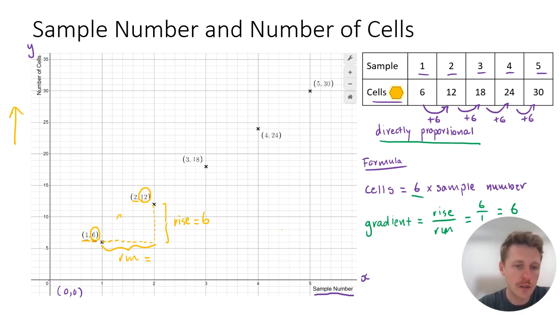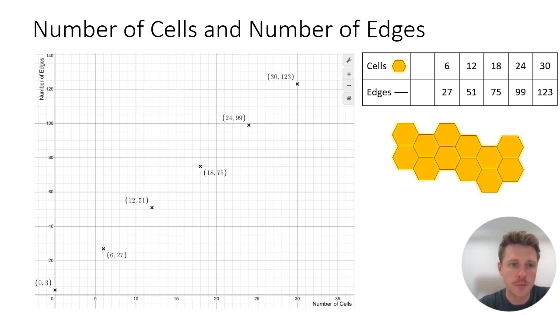Okay, the next part gets a little bit trickier. Let's have a look. If we wanted to relate the number of cells and the number of edges, it might be a little bit more tricky, but not too bad.